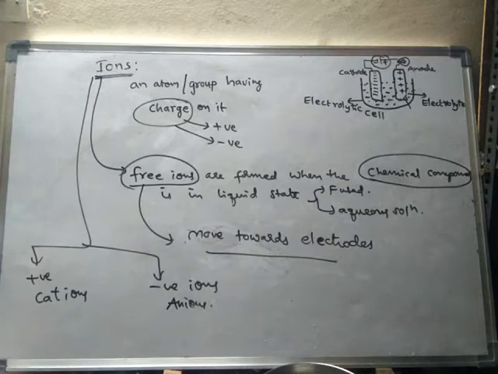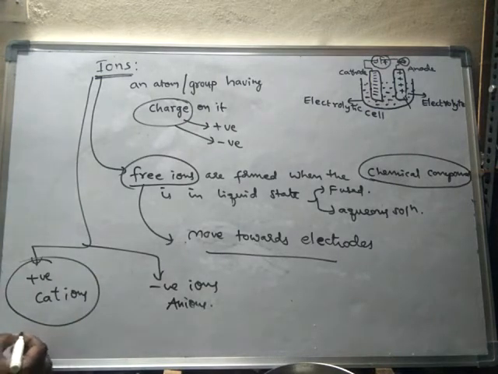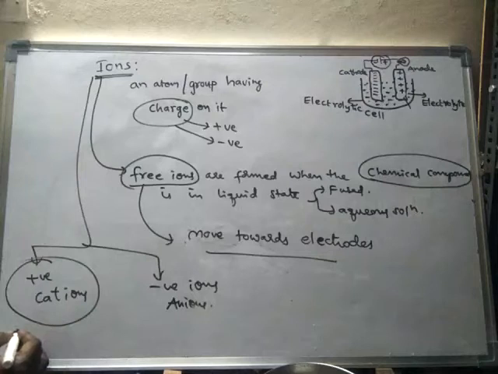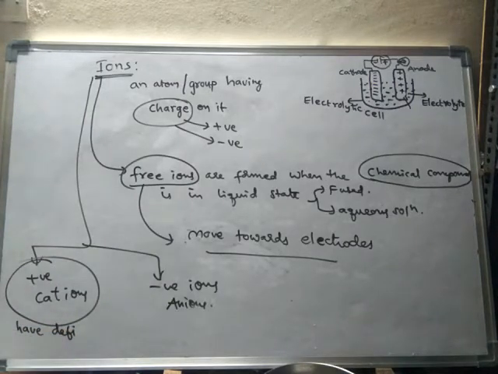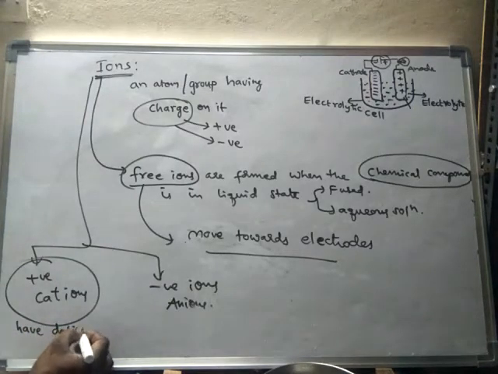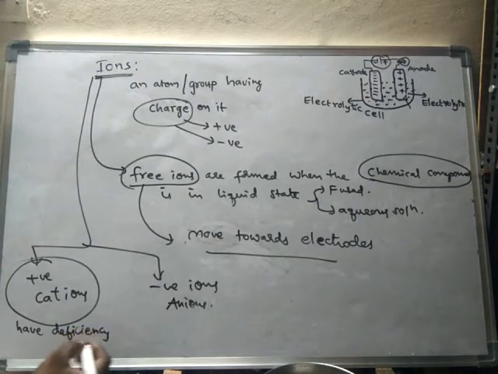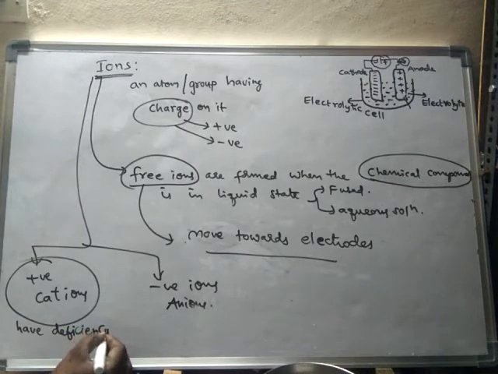So what is the difference between a cation and an anion? A cation means a positively charged ion. The cation has a deficiency of electrons. Deficiency means the number of electrons is less than the required amount.